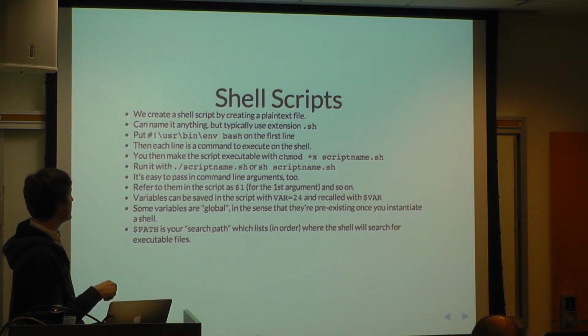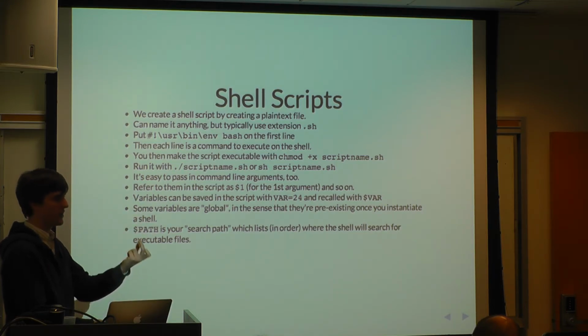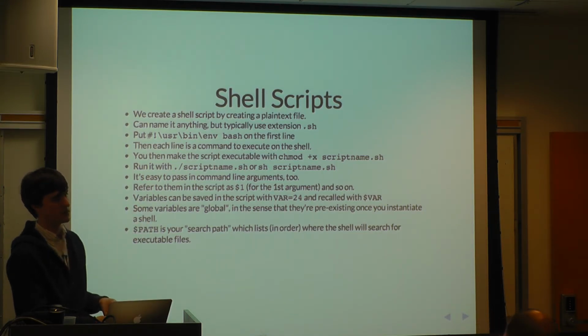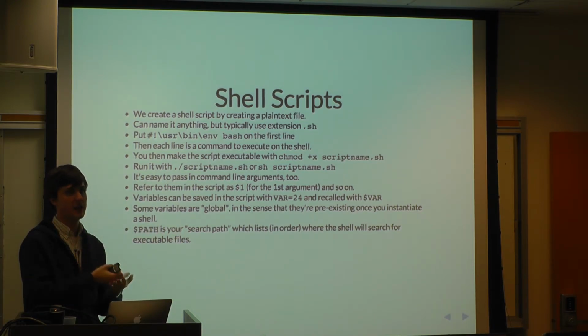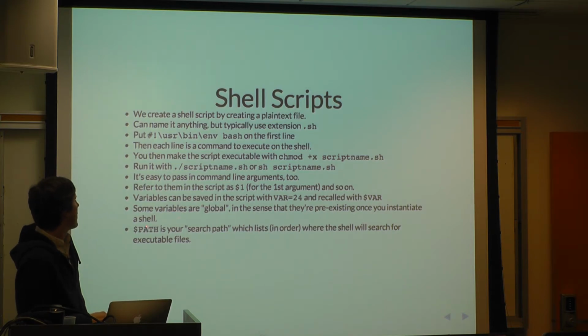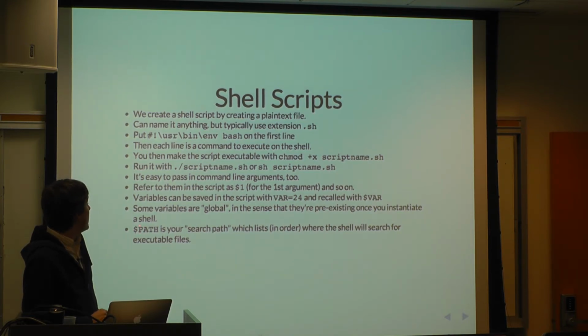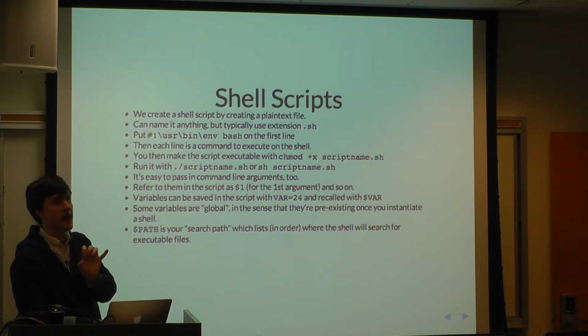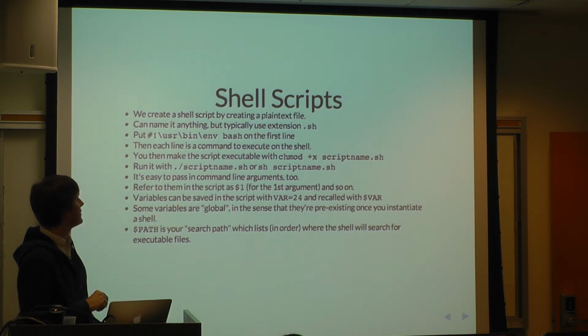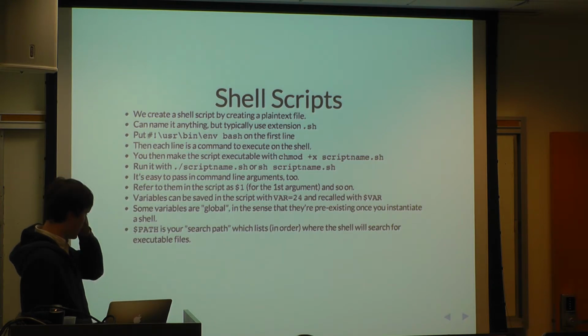And the way it knows is it looks through all of the folders that are listed in PATH and sees what the names of those commands are. So the commands that you can access directly are the executable files that are in folders listed in your path. And it's listed in order. So it's going to search through from the first folder to the last folder listed in the path.